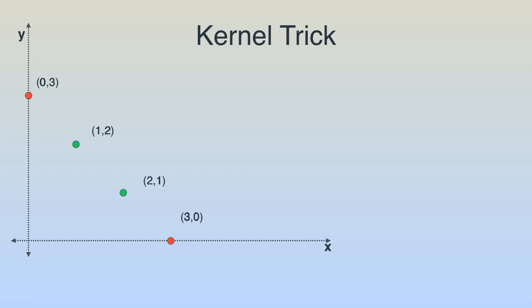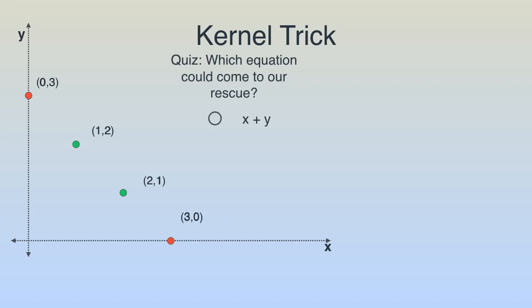So if the point's coordinates are x, y, then we need an equation on the variables x and y that gives us large values for the green points and small values for the red points, or vice versa. So, quiz. Which of the following equations could come to our rescue? X plus y, the product x times y, or x squared, the first coordinate squared.